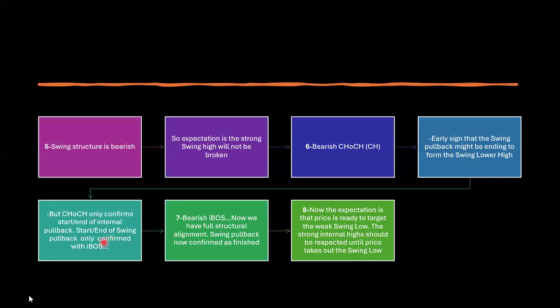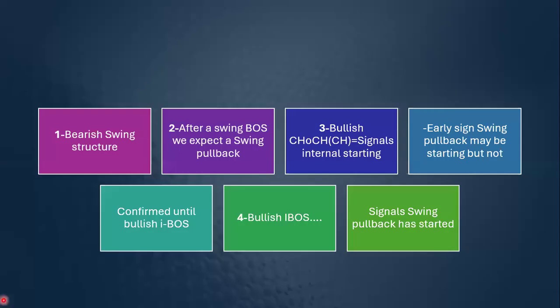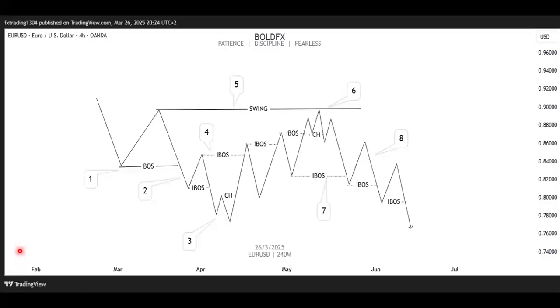That's exactly what I have mentioned right here. After your internal break of structure, you expect this weak swing structure to be taken out, this lower low to be taken out, right?